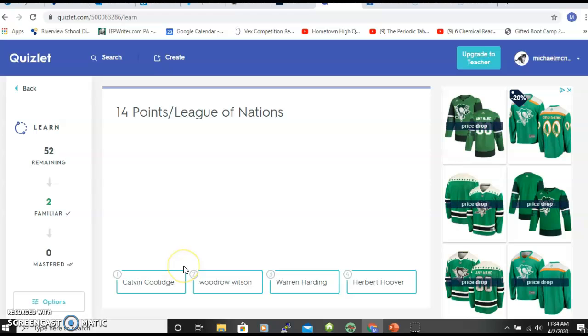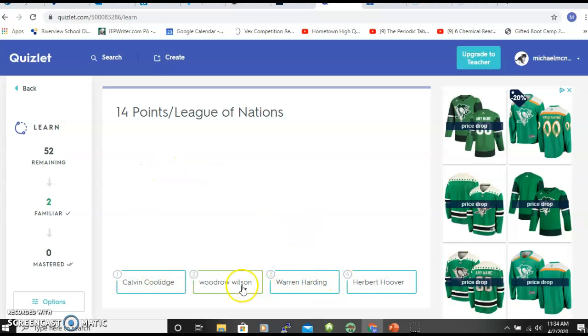So multiple choice uses a type of memory called recognition. Recognition is easier than what's called recall because in recognition you have a clue and the answer in front of you. So you just need to recognize which one of the answers is the correct answer.